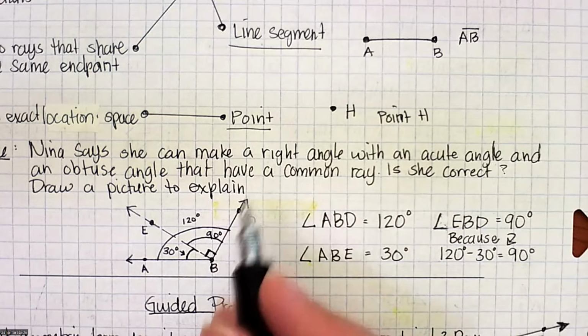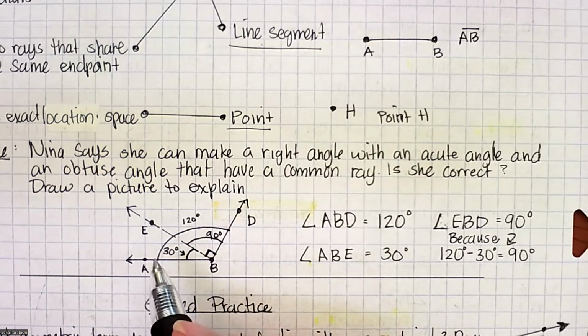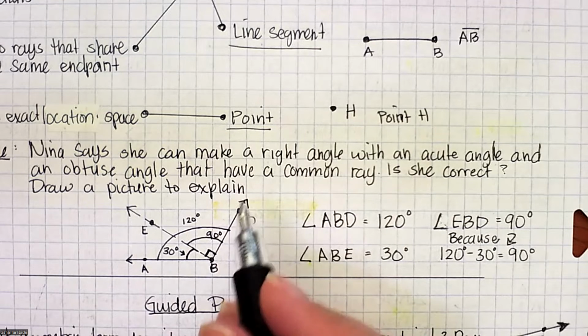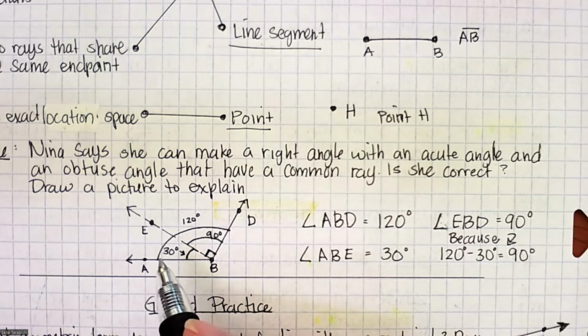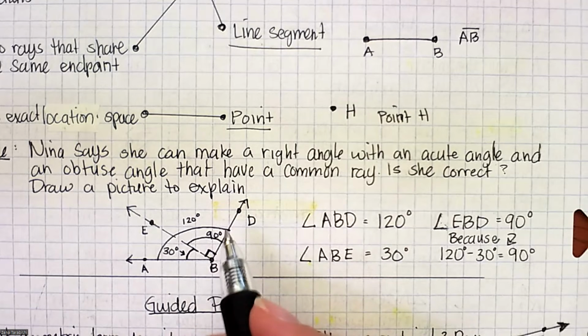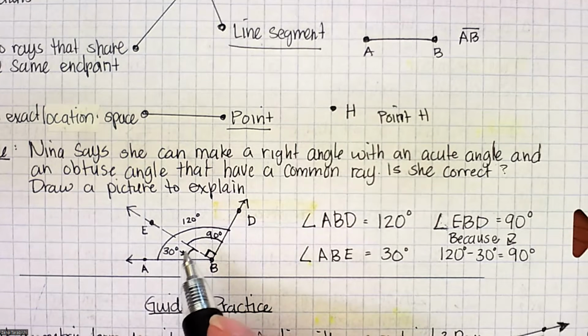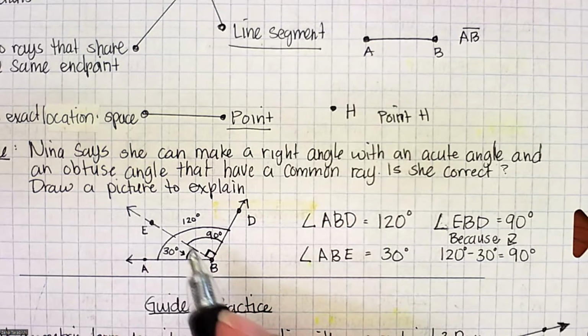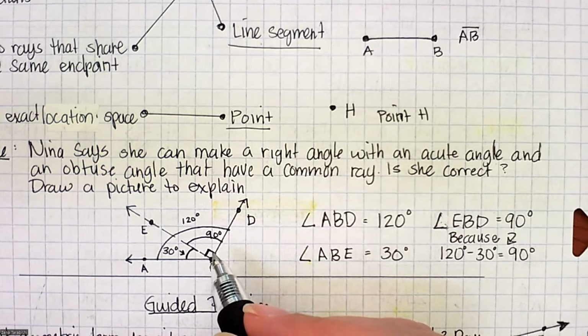It's either going to go out to D or it's going to go in to E. Now, if we say that angle ABD measures 120 degrees, so we used a protractor and we measured it to be 120 degrees, and ABE measures 30 degrees. We can find the measure of EBD over here, and this is going to measure 90 degrees, so it'll make a right angle. But why does it make a right angle?